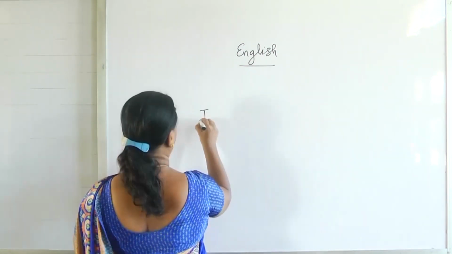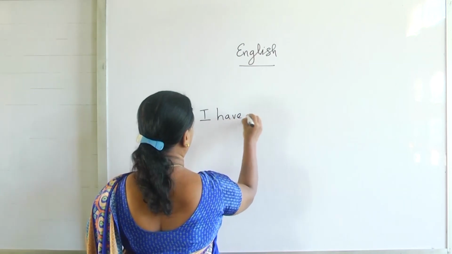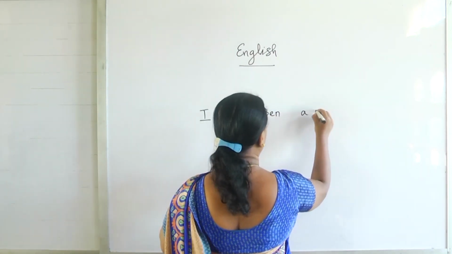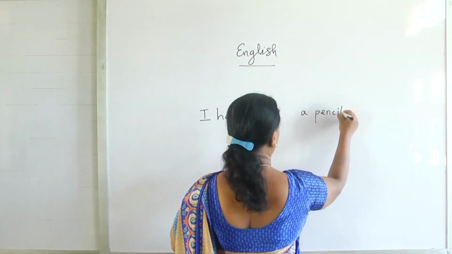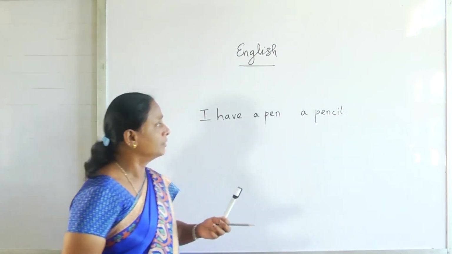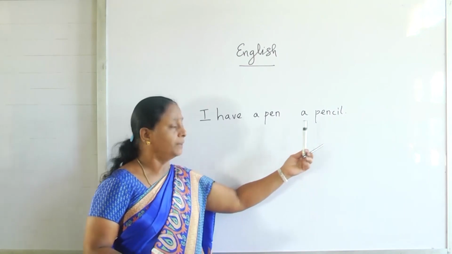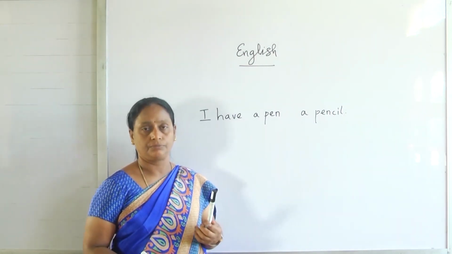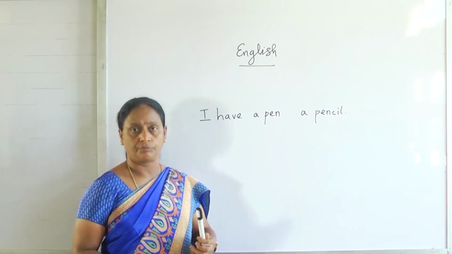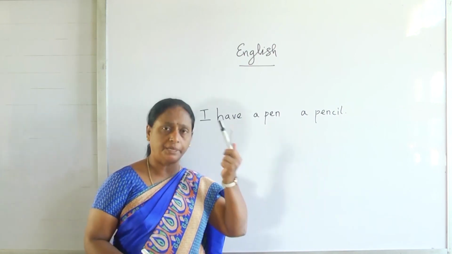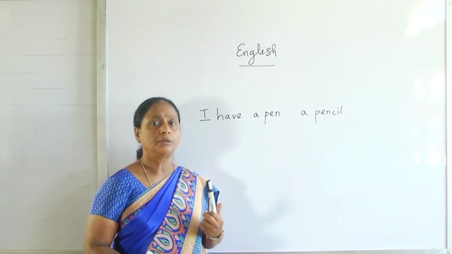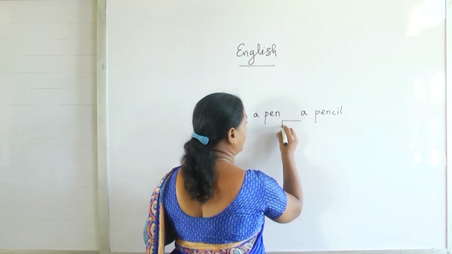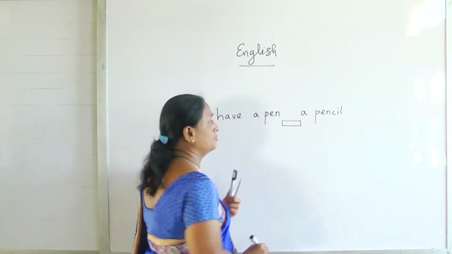See here, I have a pen, I have a pencil. Now, if you say a pen, a pencil, it doesn't give a meaningful sentence. So, two things to be mentioned at a stretch, I have to mention one bridge there. A bridge should be there.